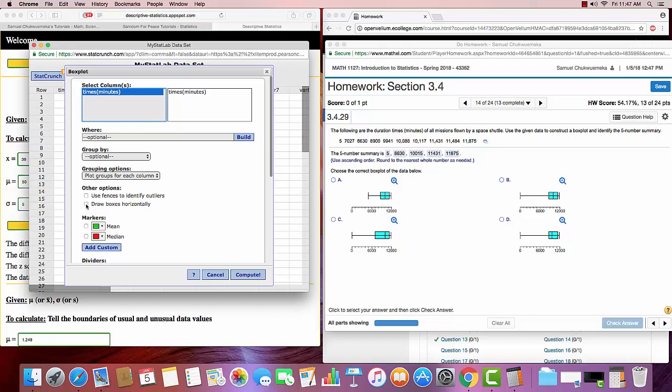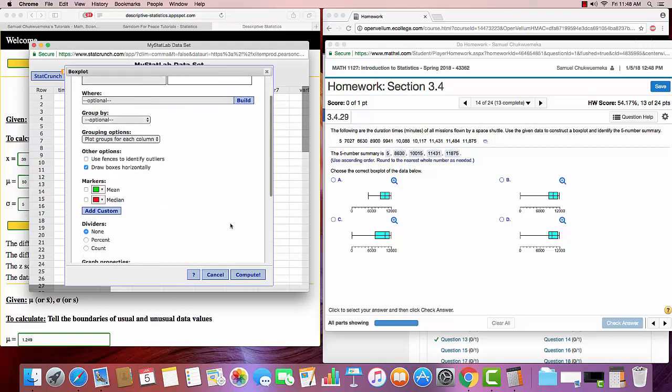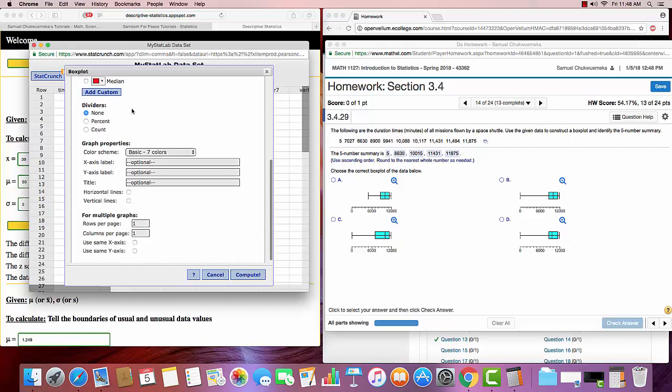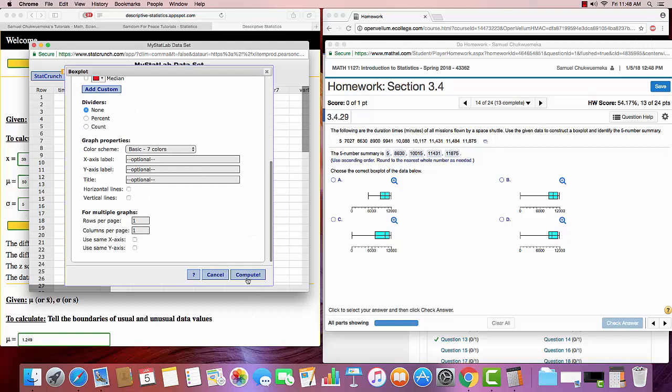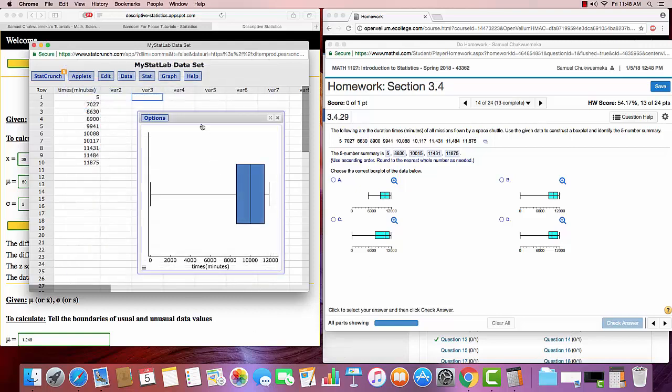If we wanted to identify outliers, which we don't need to, we will also check this box. Otherwise, you just check the box, draw boxes horizontally, and you can just leave the rest as is and press compute.